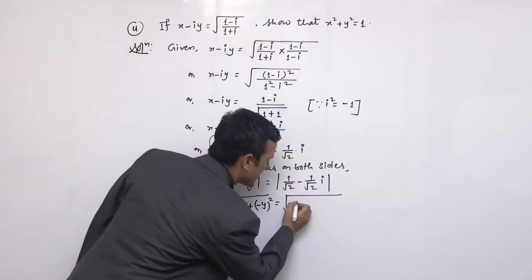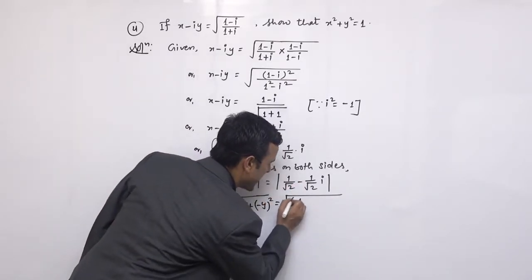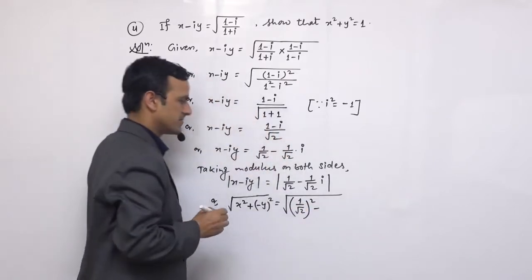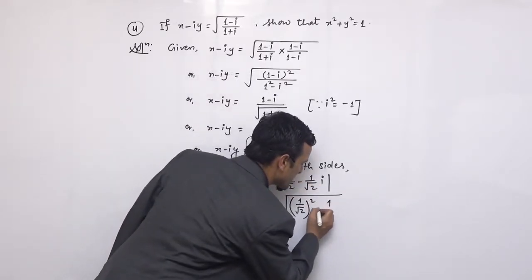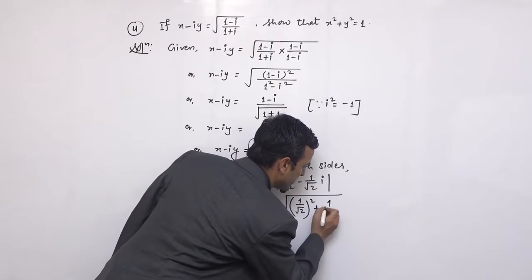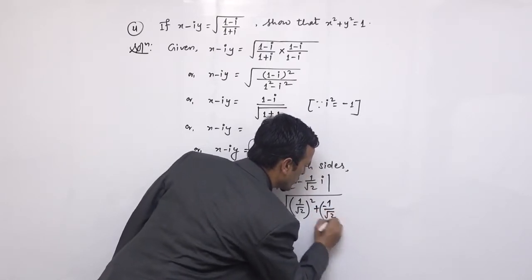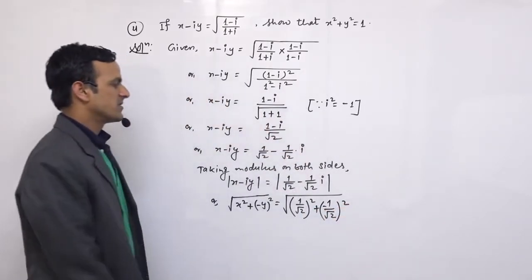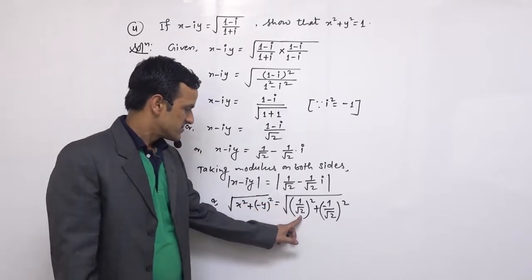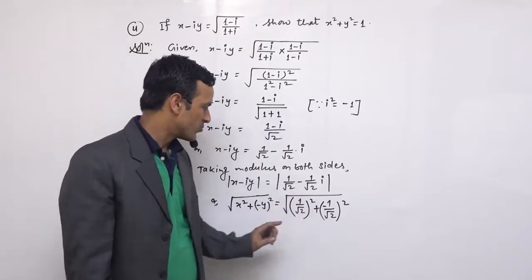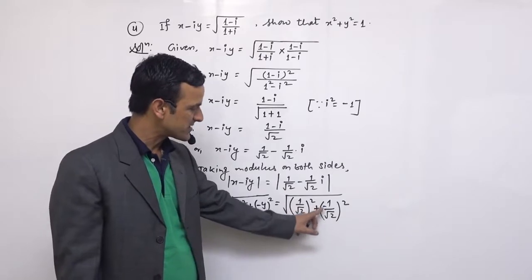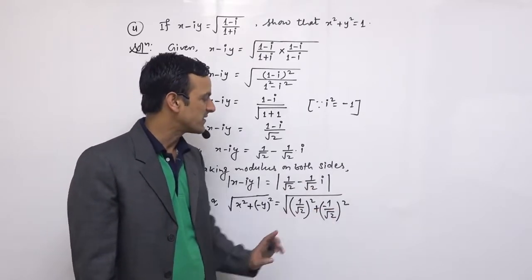Here the real part is 1 upon root 2, and this is squared, plus the imaginary part, minus 1 upon root 2, whole square. This is done by using the formula: 1 by root 2 square plus minus 1 by root 2 square.